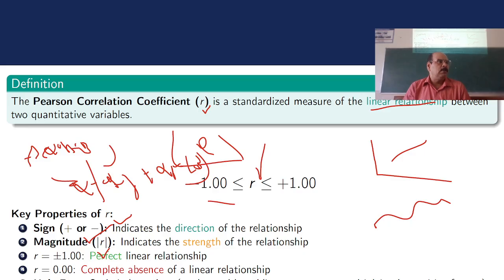That means if there is a slight increase in x, a slight decrease is reflected in y, if Pearson's coefficient is minus 1. Okay. So plus or minus 1, perfect linear relationship. If R is 0, there is no correlation between these variables.